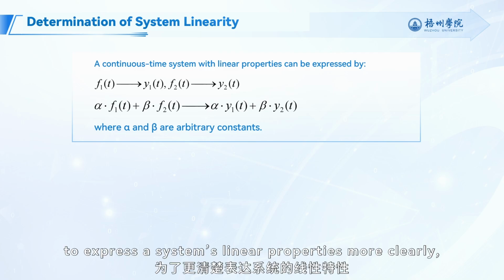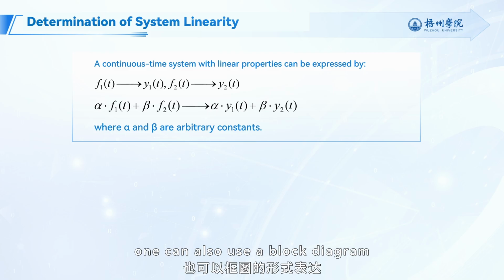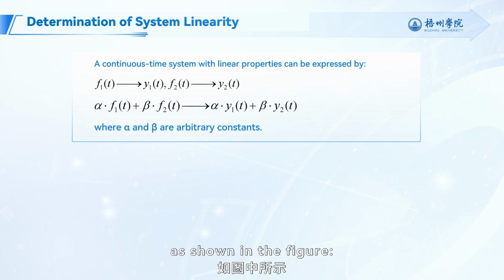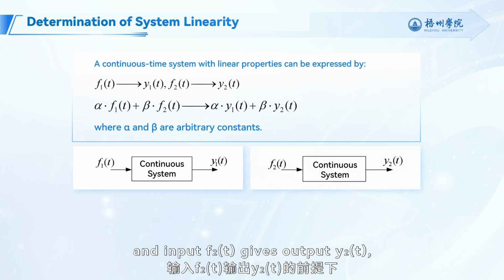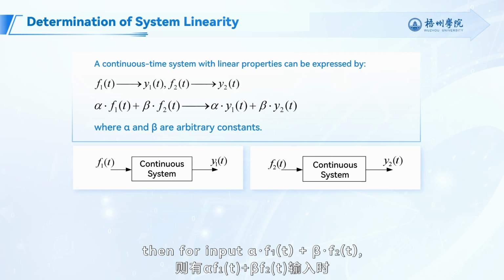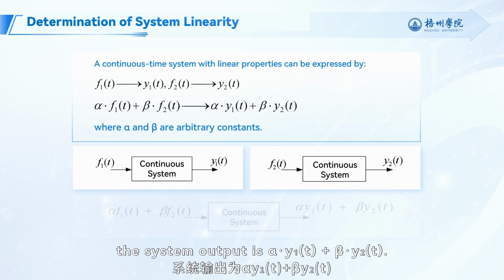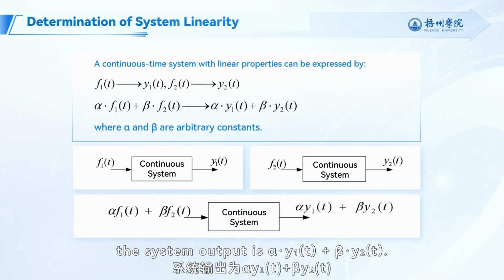Furthermore, to express a system's linear properties more clearly, one can also use a block diagram as shown in the figure, under the premise that input f1(t) gives output y1(t), and input f2(t) gives output y2(t). Then, for input alpha times f1(t) plus beta times f2(t), the system output is alpha times y1(t) plus beta times y2(t).